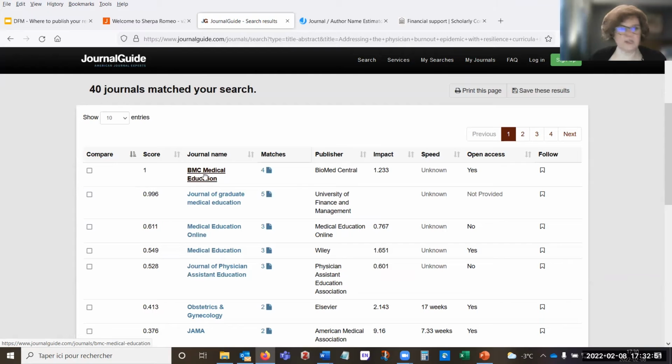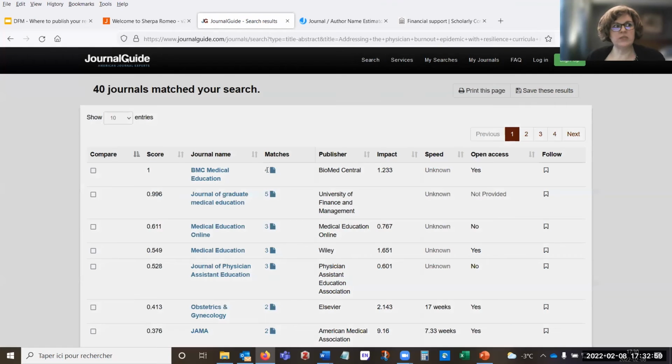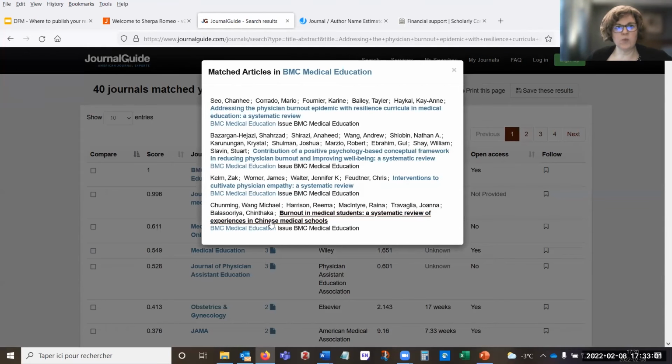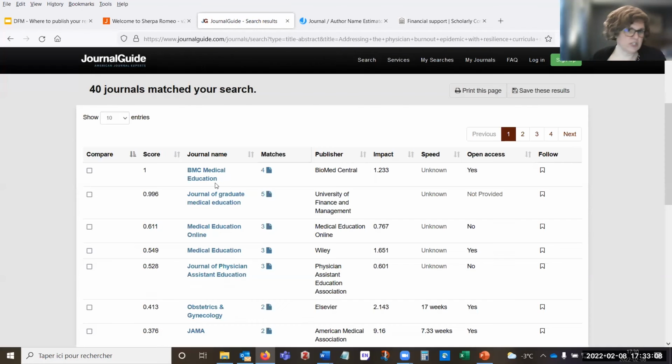Oh no, it's a bit more information about the journal. What they mean by match is basically what we saw in Jane with articles. It's which articles fit or look like yours, and that's why they are suggesting this journal first.